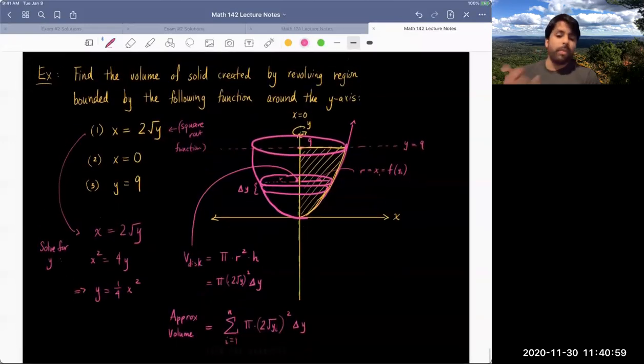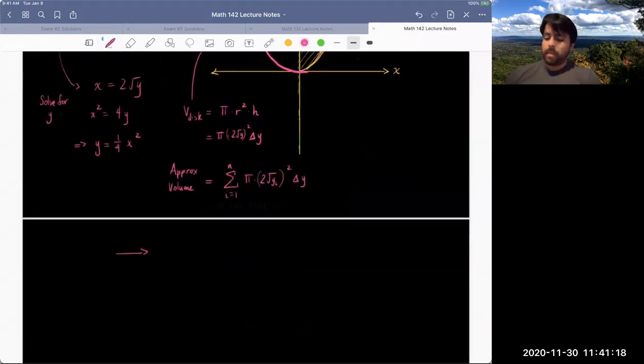But then what do we do when we take all these disks and make those thicknesses as thin as possible? In other words, what if we include an infinite number of these disks with infinitesimally thin thicknesses? What does it become?